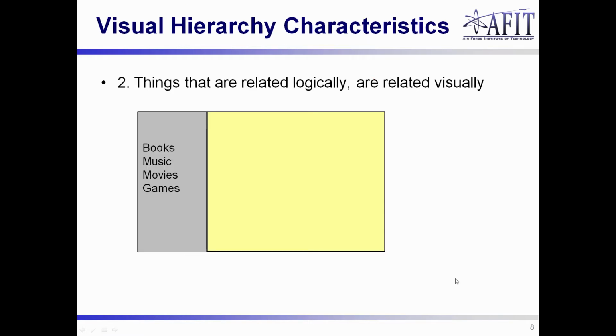The second principle in a visual hierarchy is that things that are related logically should be related visually. So relating items visually means grouping them together. These items are related logically because they might be the navigation in a site that perhaps sells books, music, movies, and games.